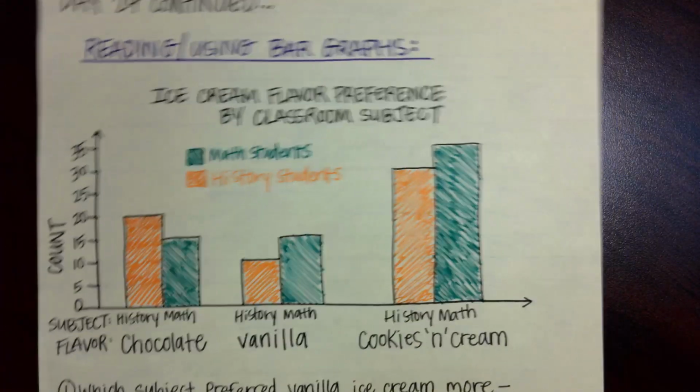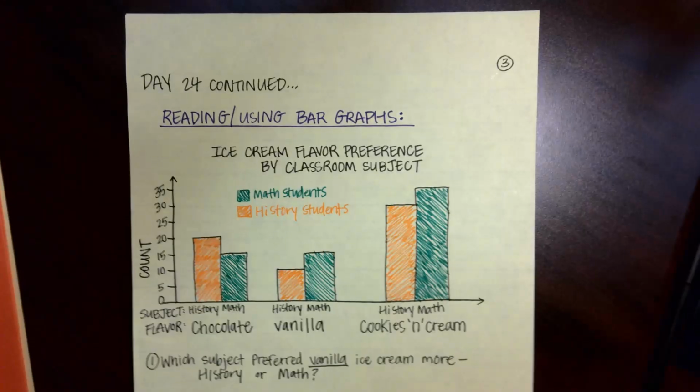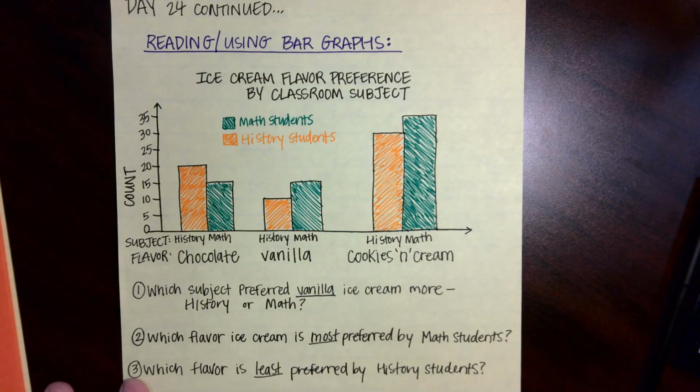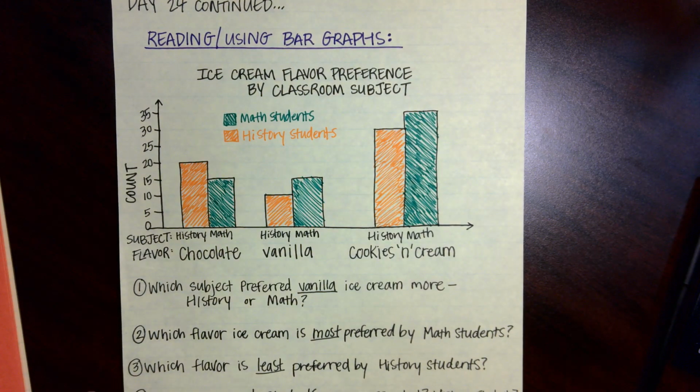Now, if you'll go to the packet I gave you, on the second page, you should see something that looks just like this. We're going to talk about how we read or how we use a bar graph. Now that we know how they are made and where the numbers come from, let's put it into practice here.